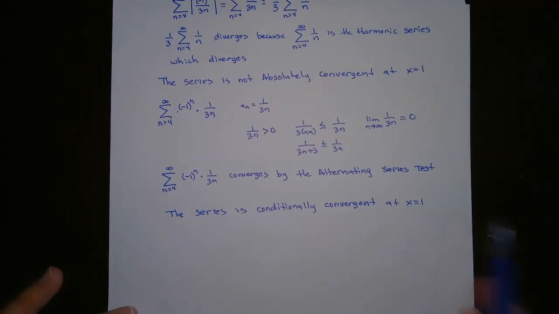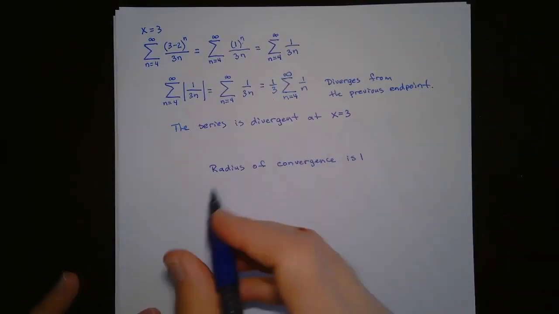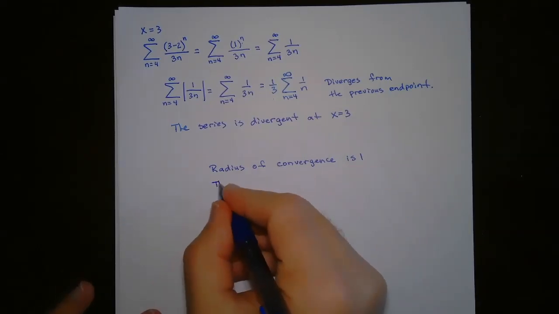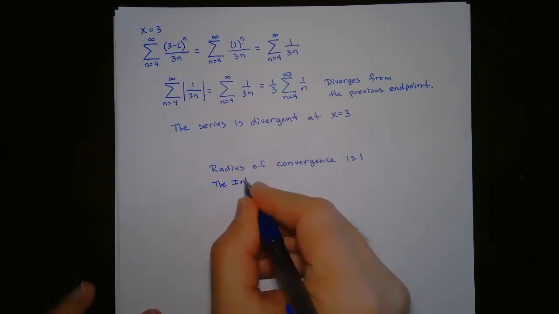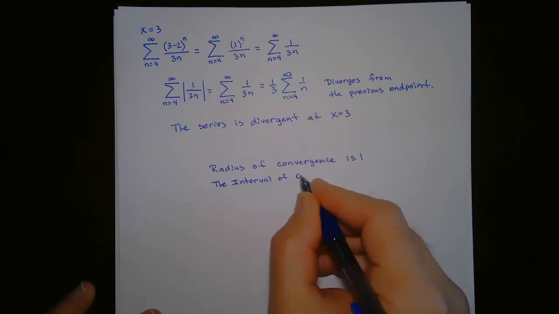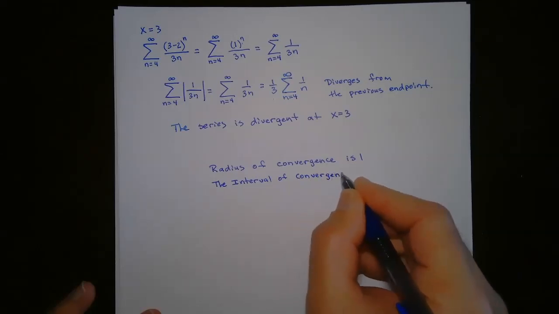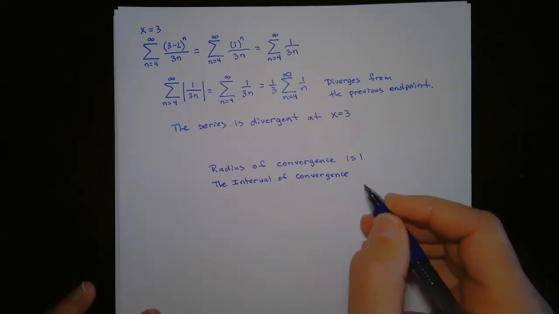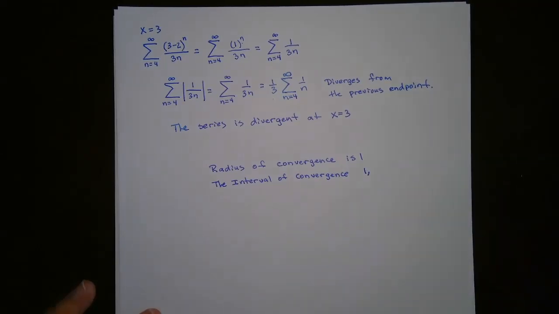And from the other endpoint, we said it was divergent at x equals 3. So that means the interval of convergence is 1 to 3.